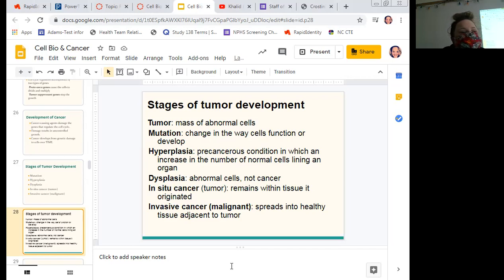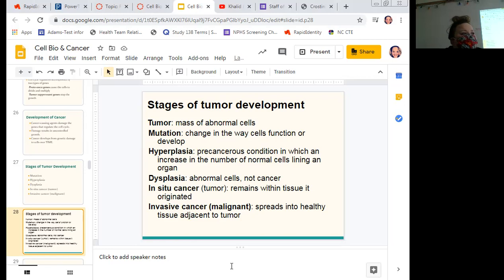Next, we have in situ cancer. Everybody say in situ. Okay, fancy word for it's a tumor, but it stays where it originated, okay? We don't even know at this stage if it's benign or malignant, okay? Benign is not cancerous.